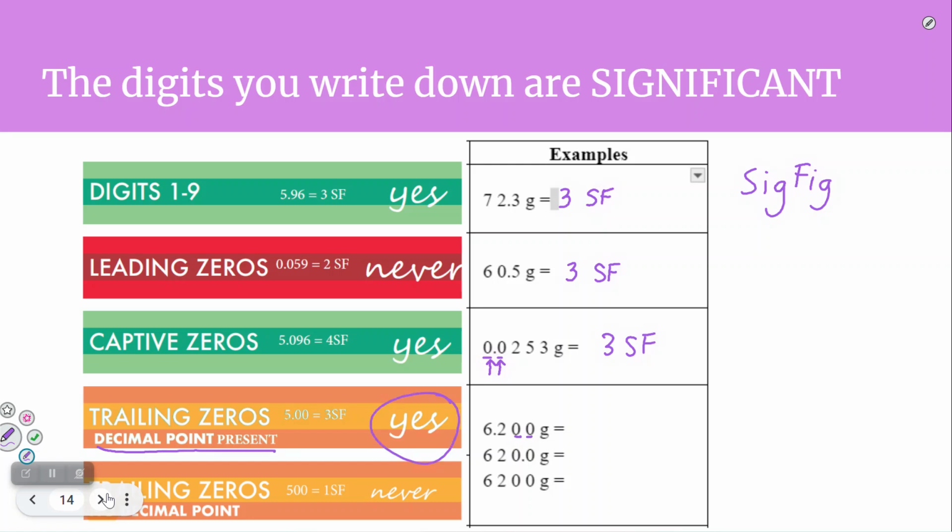So this will be 4 sig figs. Here, again, I got a 0 and I have a decimal. So again, this will be 4 sig figs as well. Here, I don't see any decimal place. So the 6 and the 2 definitely, but these zeros right here are both holding a place. They are not significant at all. So thereby, this one only has 2 sig figs.